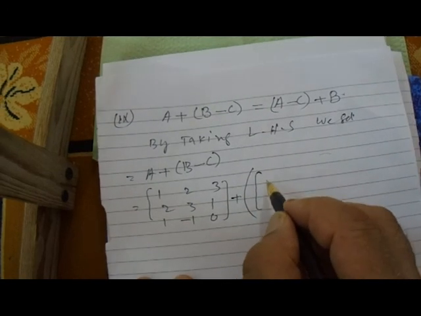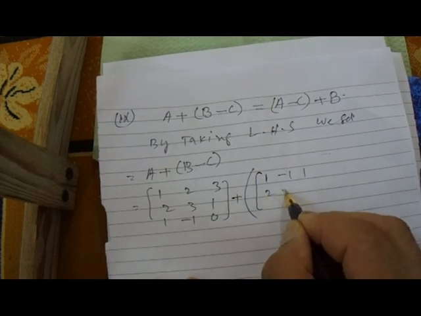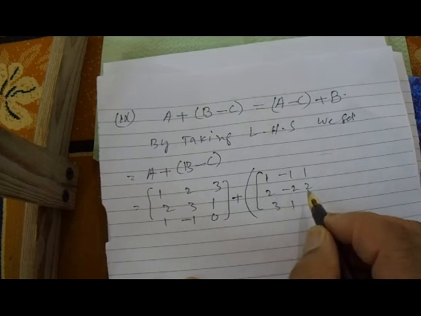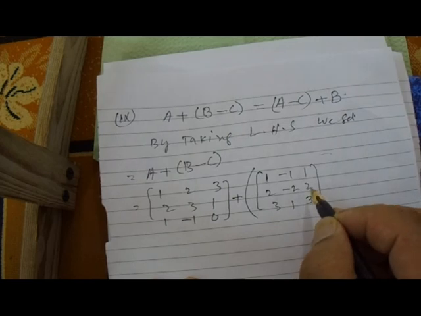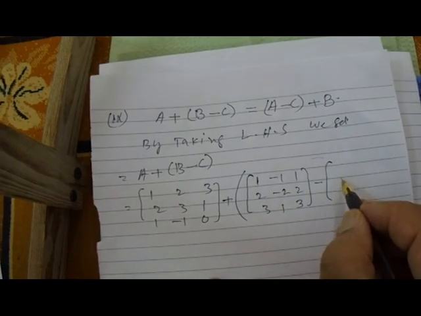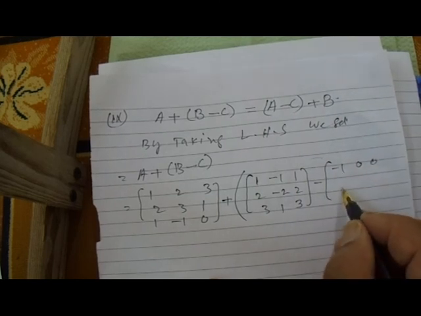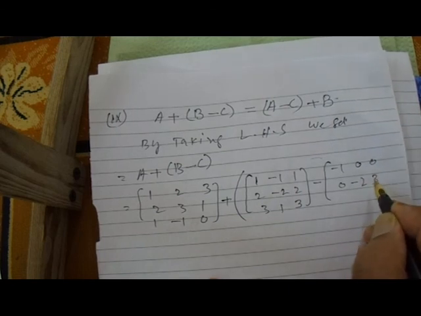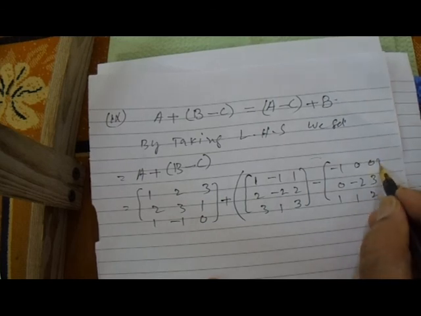B matrix is 1 minus 1 1 and 2 minus 2 2 and 3 1 3. Now it is our B matrix. Now we write C matrix. C is minus 1 0 0, 0 minus 2 0, minus 2 3 and 1 1 2. Now it is our matrix.